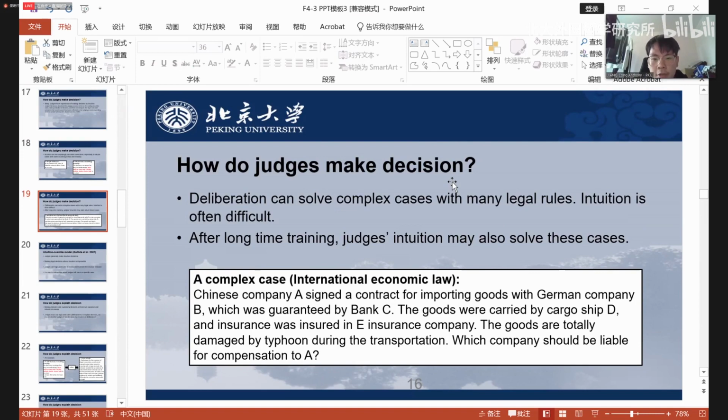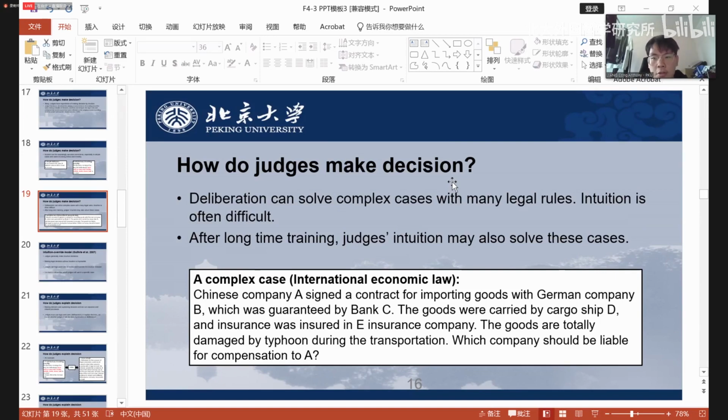The insurance was issued by insurance company E. During transportation, the goods were totally damaged by a typhoon. Now, which company shall be liable for compensation to A? I think it's really a complicated problem.